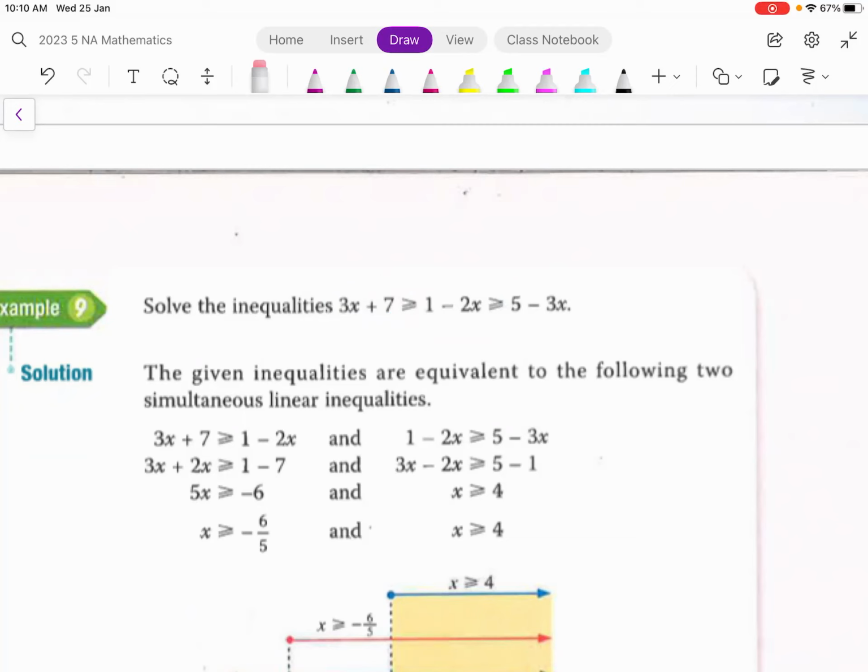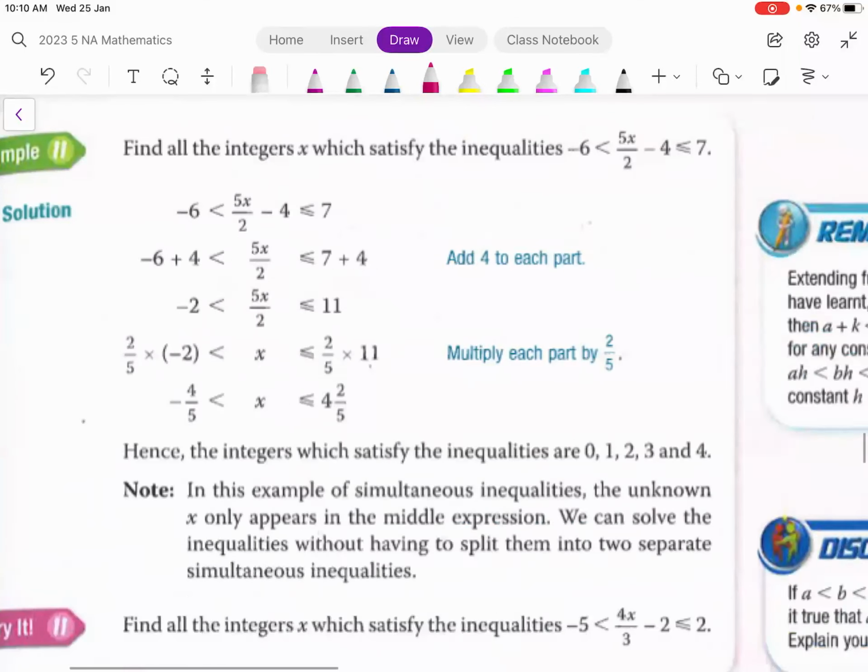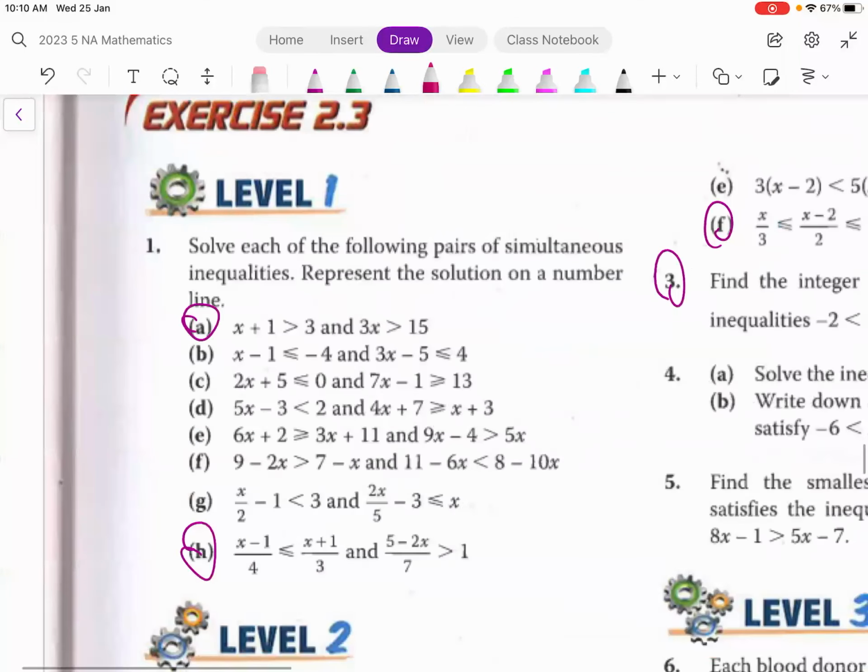I'll show you. This is the first one. Can you see the inequality? So I can solve it, simplify it. The other one is found here. Can you see that? Yeah, 2 simultaneous inequalities to solve. So with this, you are set for your homework question.